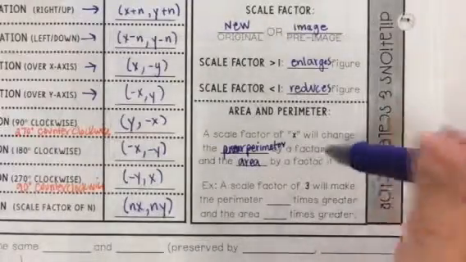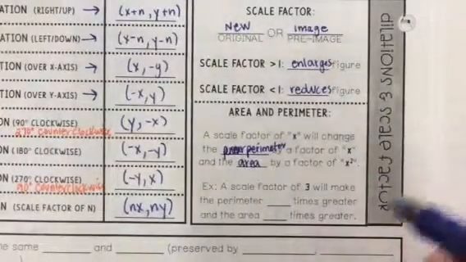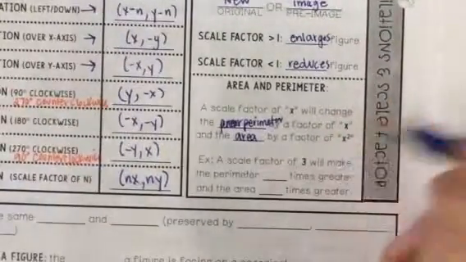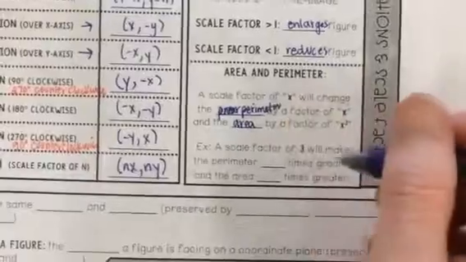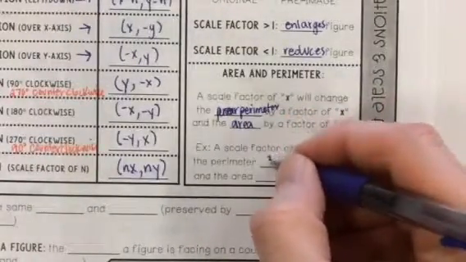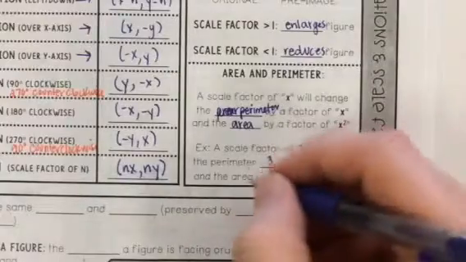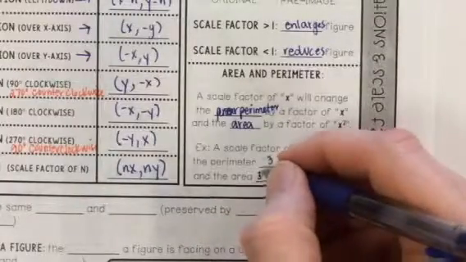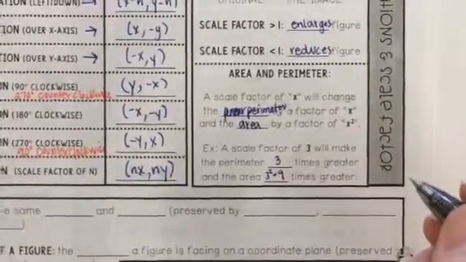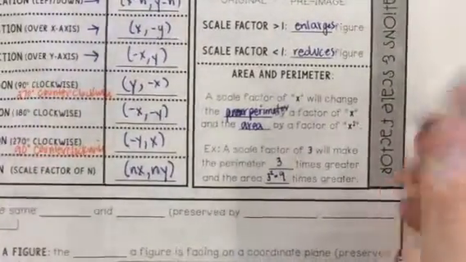Remember also volume is affected by scale factor cubed. Okay, so in using real numbers here, a scale factor of 3 would make the perimeter 3 times larger, and it would make the area 3 squared, or 9 times larger.